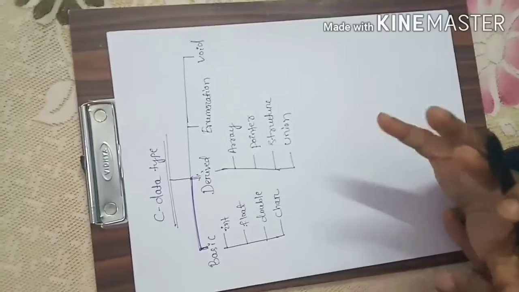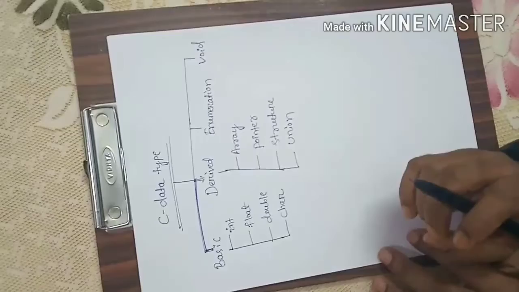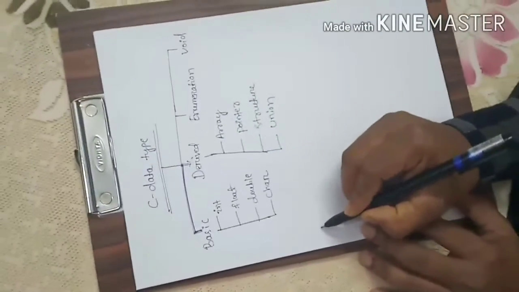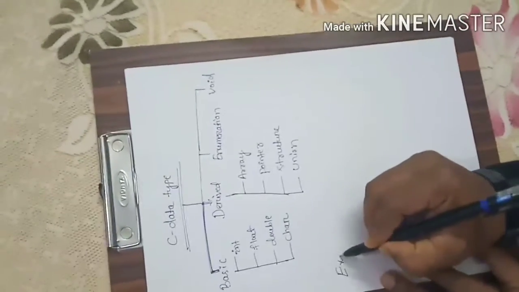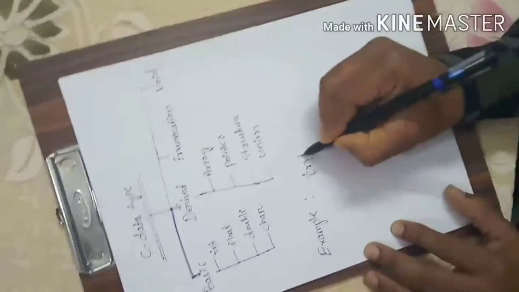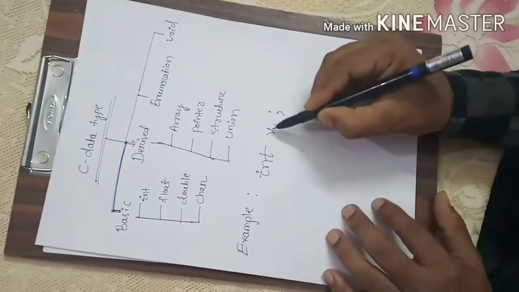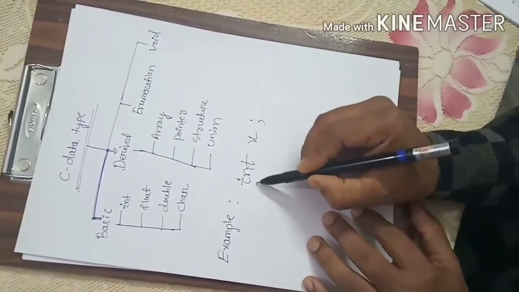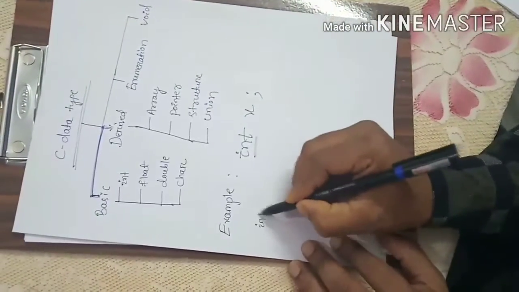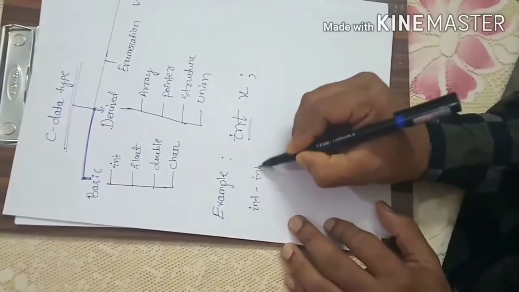So how to define a data types, or how to declare a variable with data types? I want to give one example. Suppose int x. Here x is the variable. I have given the data type int, that is integer. So int is nothing but the data type we used for integer.